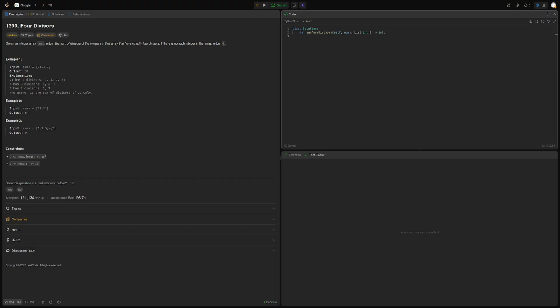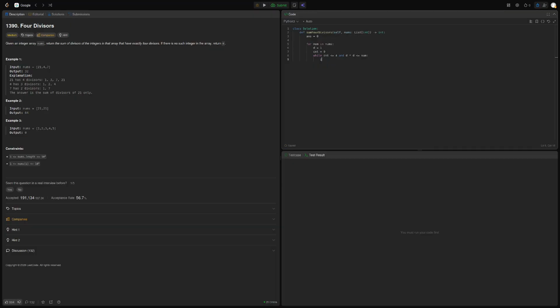Okay, so let's do ans is 0 and then for num in nums, we get d is 1 while d times d is less than num, right? So that's the divisor, and now count is this, and what we want to do is, while count is less than 4, so we need that.